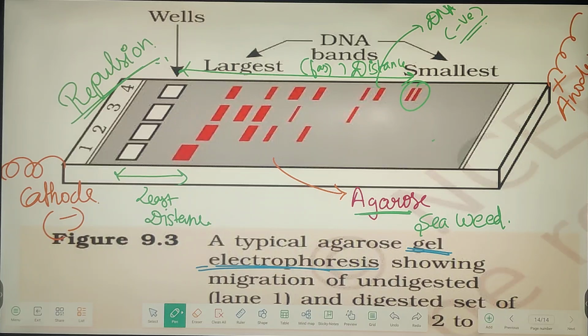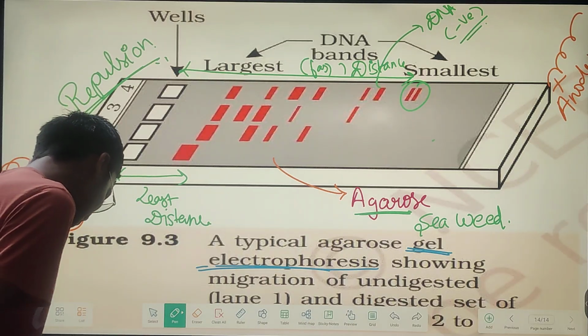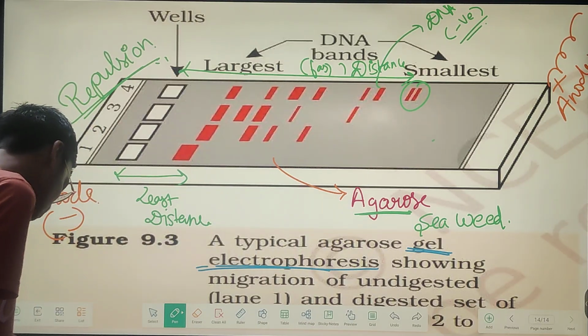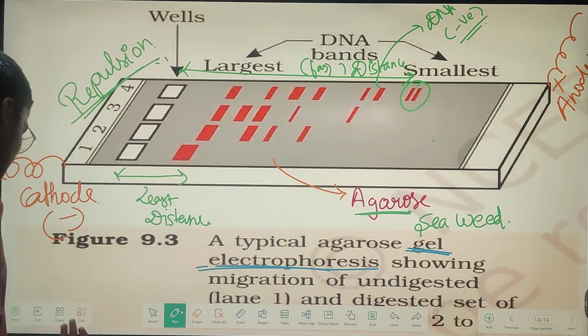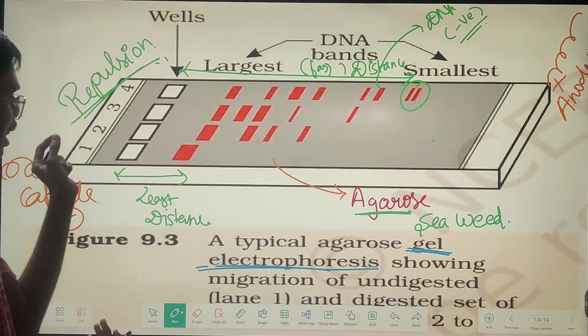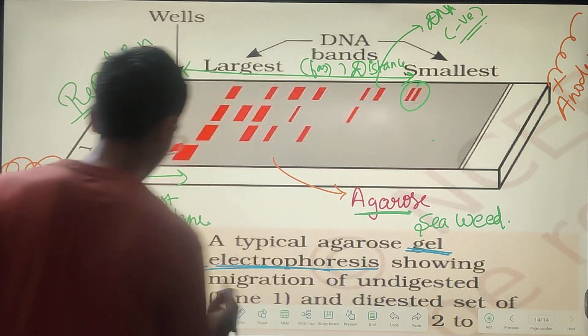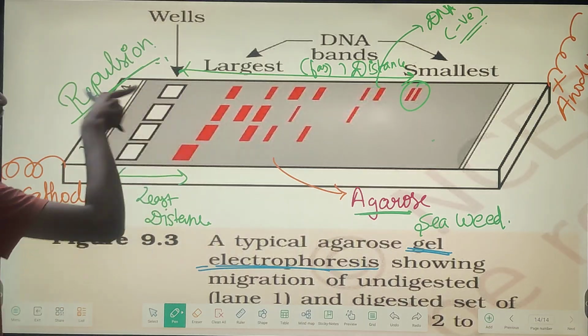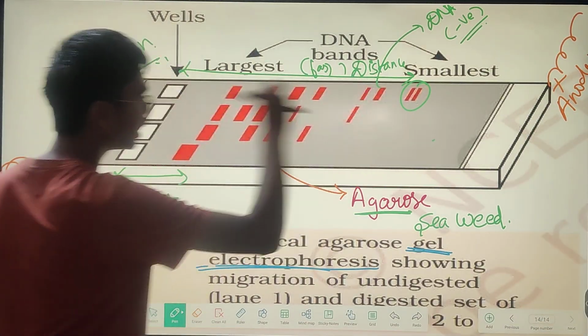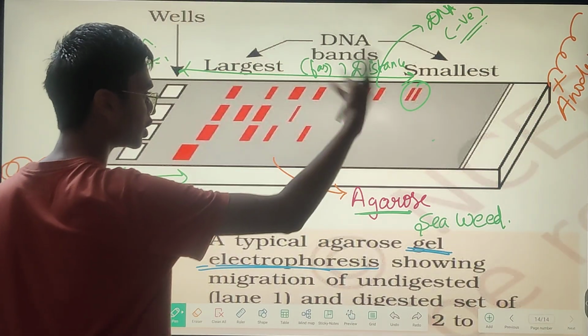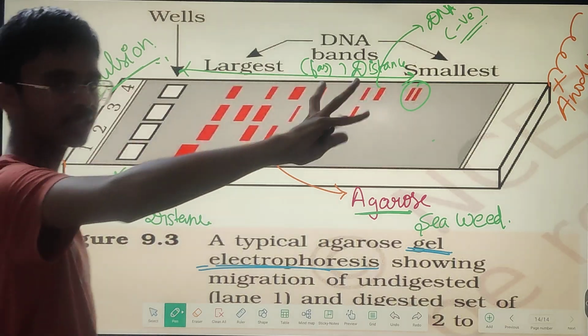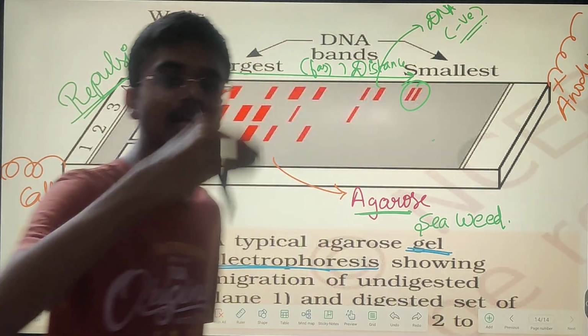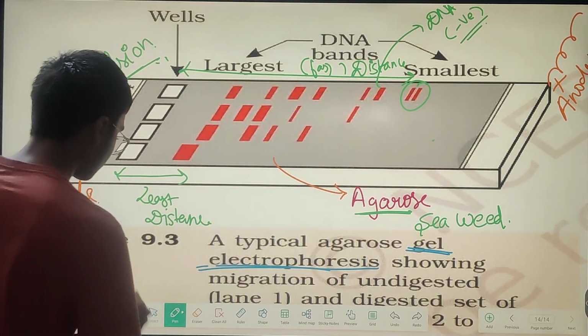By gel electrophoresis, by this method, there is an effect by which all these DNA fragments are moving and being separated from each other. That effect is called the sieving effect.